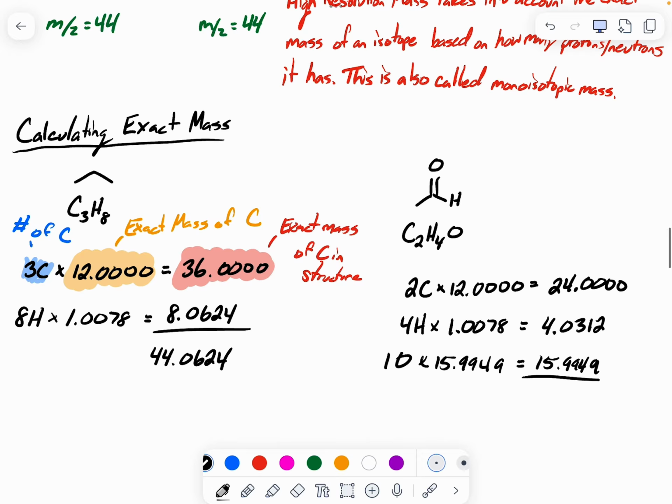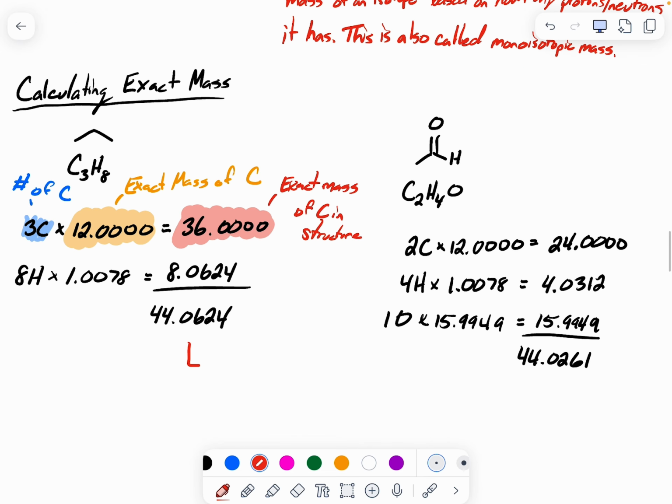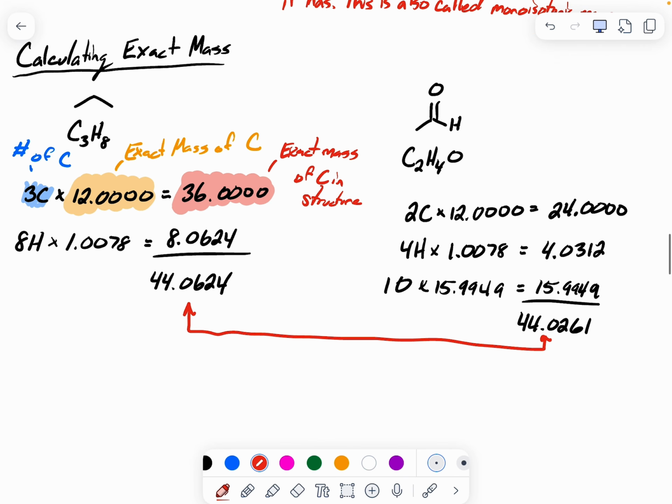You add all this up, and what you end up seeing is that this is 44.0261. So these masses are different, right? In a high resolution mass spec, we can tell the difference between these 2 molecules. All right, and since we can tell the difference between these 2, we actually know that oxygen exists in one of the molecules because that mass is slightly different. All right, we can see the difference.